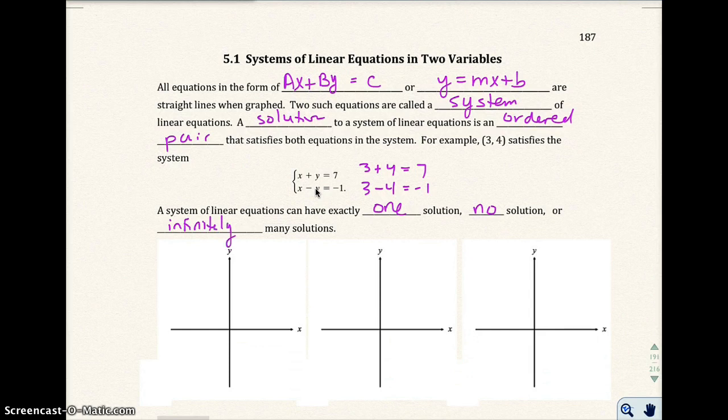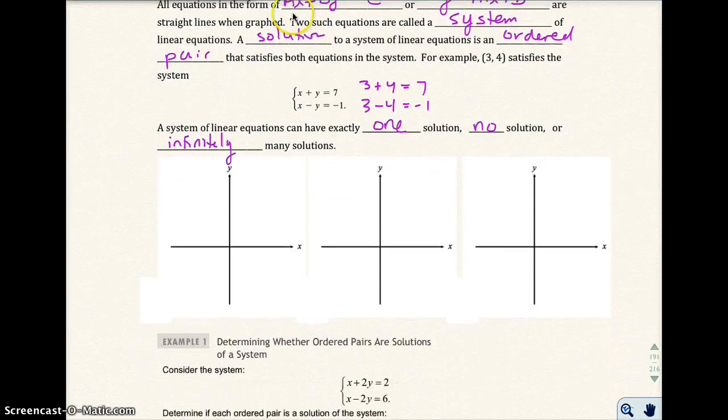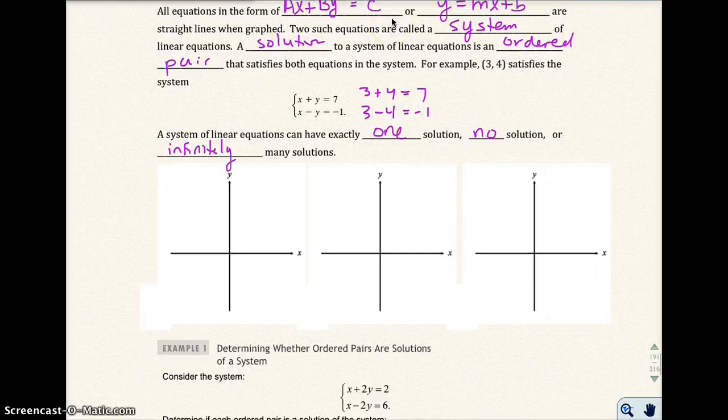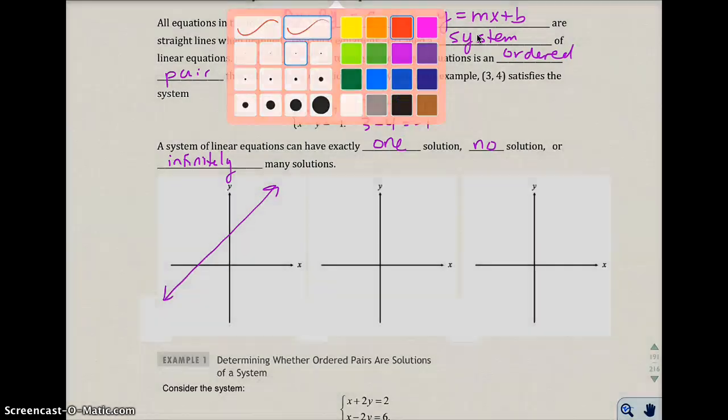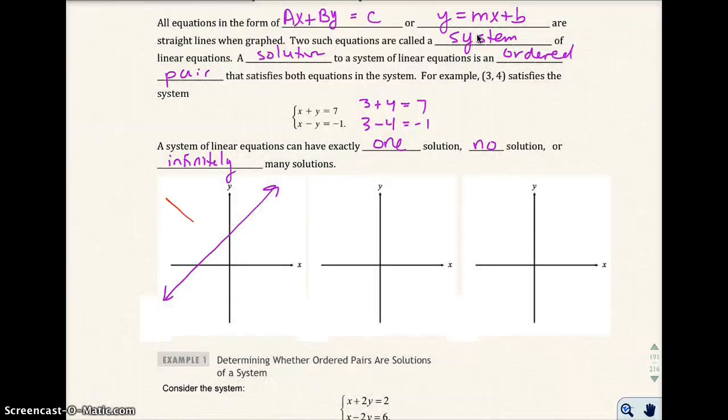Okay, let's see what we're talking about here. So again, we have equations in the form of this right here, or this. They're just straight lines on a graph. So what can happen is you can graph a line, and you can graph another line, and they could have an ordered pair, or one solution.